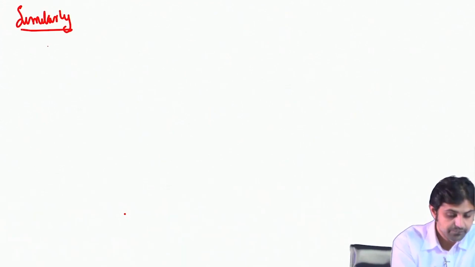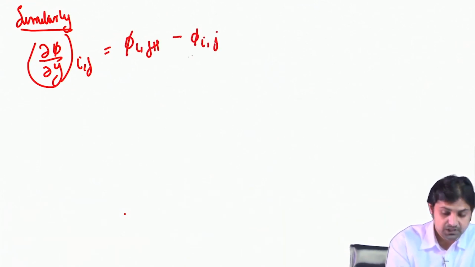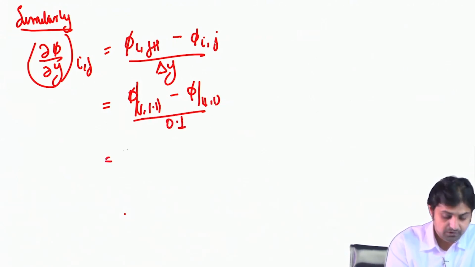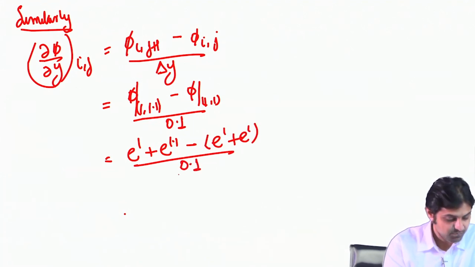So similarly, del phi by del y at i, j will be phi of i, j plus 1 minus phi of i, j divided by delta y, or the value of the function at 1, 1.1 minus phi at 1, 1 divided by delta y 0.1, or e to the power 1 plus e to the power 1 plus 1 minus e to the power 1 plus e to the power 1 divided by 0.1.